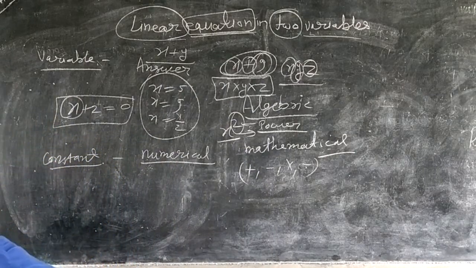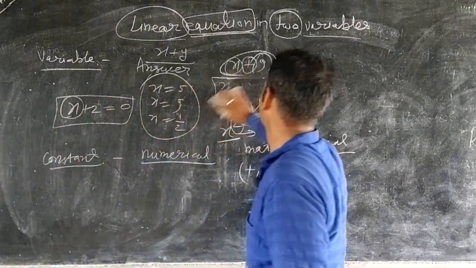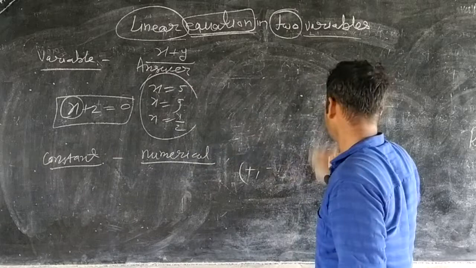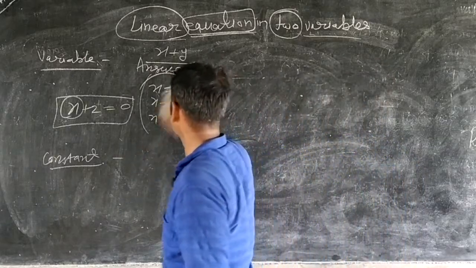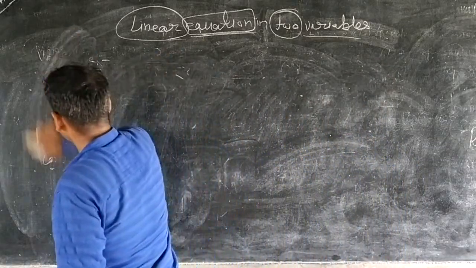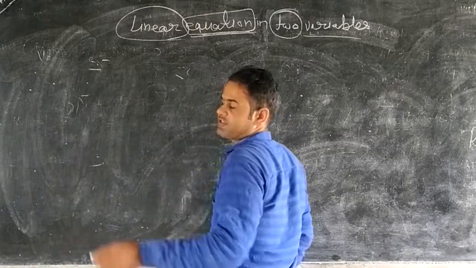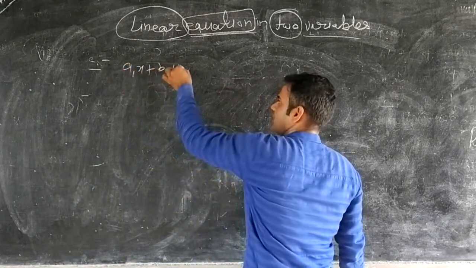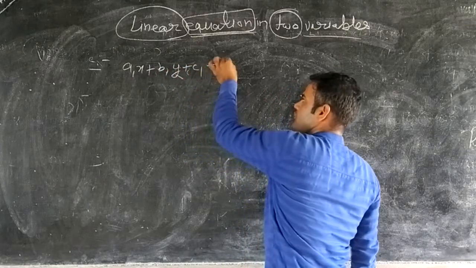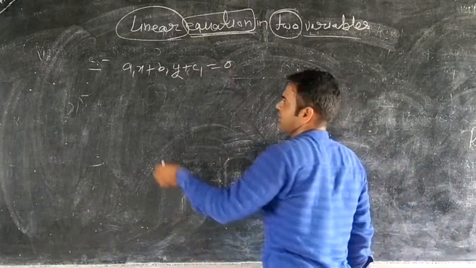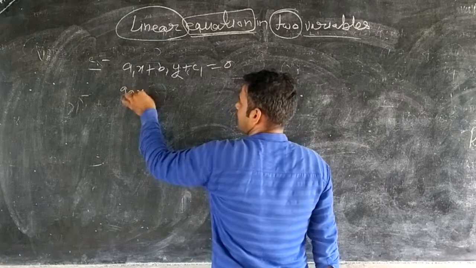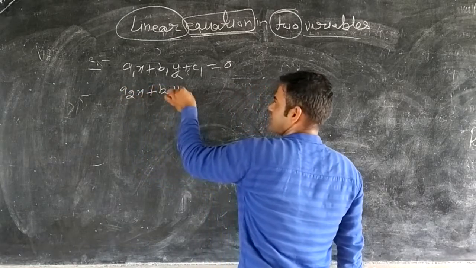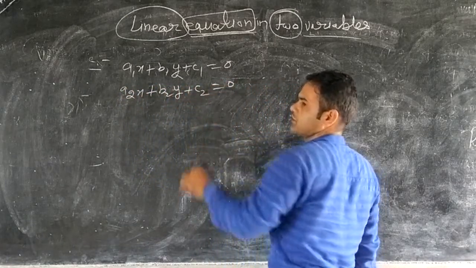Okay. Now we discuss the general form of the linear equation. What is the general equation? The general equation is a1x plus b1y plus c1 equals 0, and another is a2x plus b2y plus c2 equals 0.